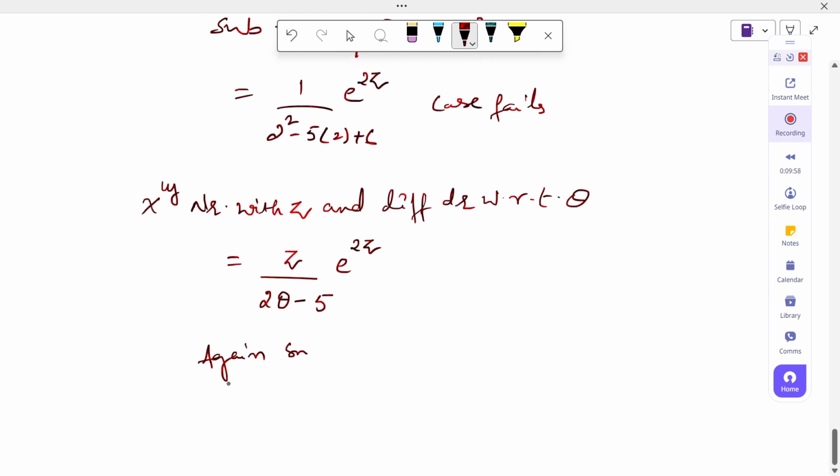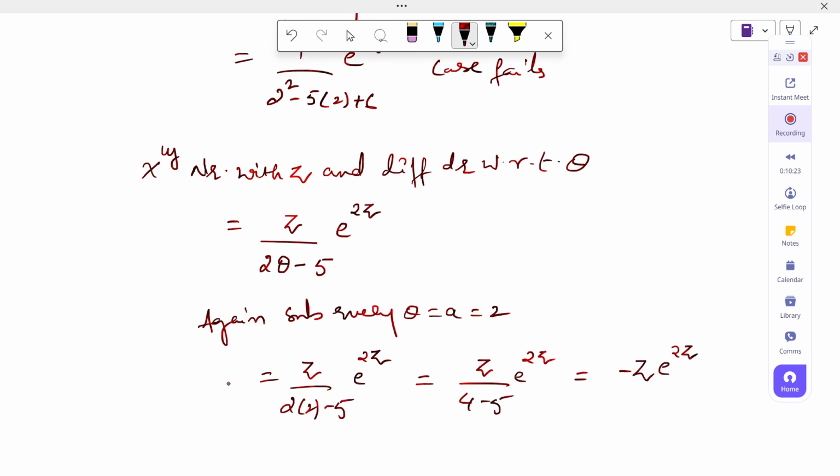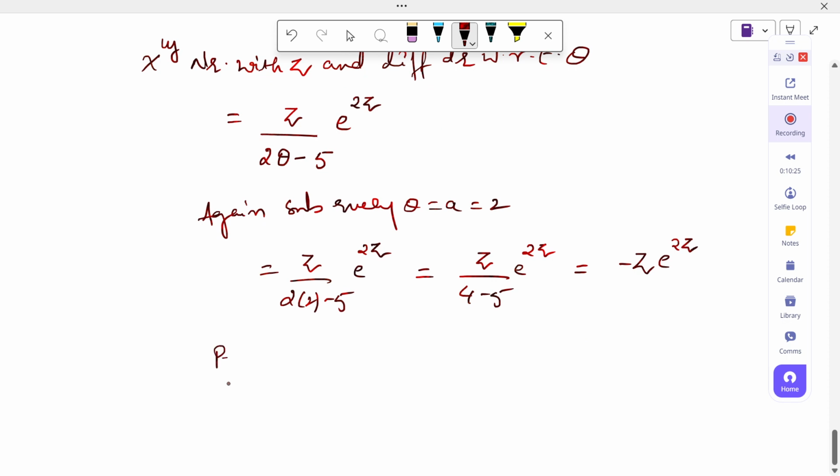Again substitute every theta with a equals 2. It equals z divided by 2 into 2, 4, minus 5, e to the power of 2z, which equals z divided by minus 1, e to the power of 2z. Your PI equals minus z e to the power of 2z.